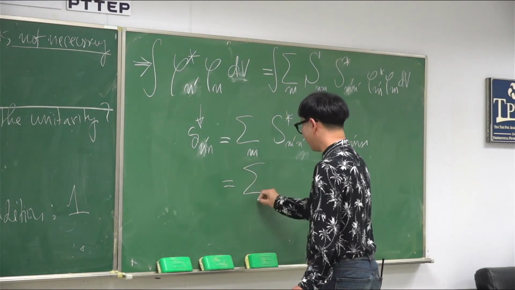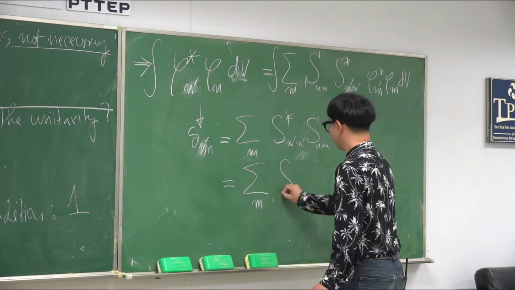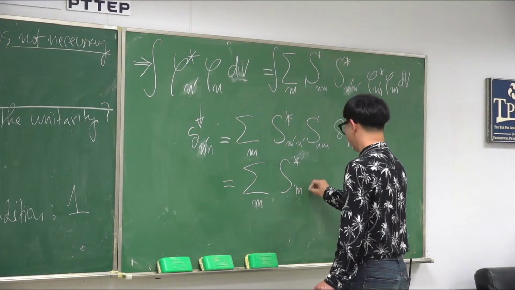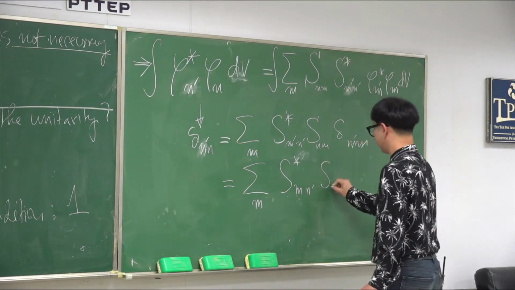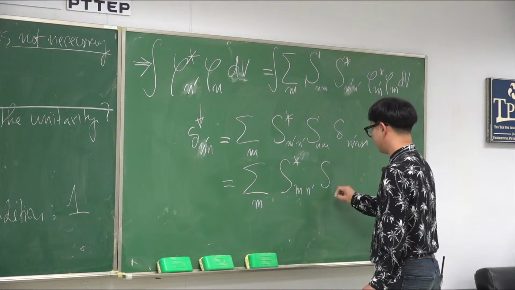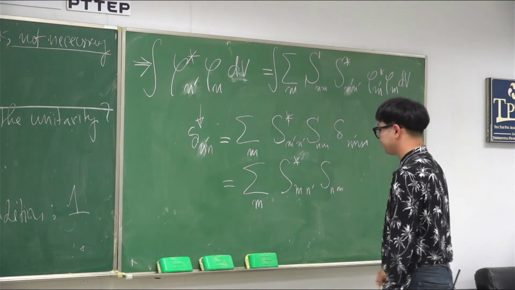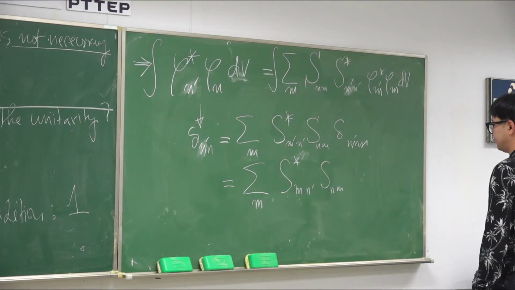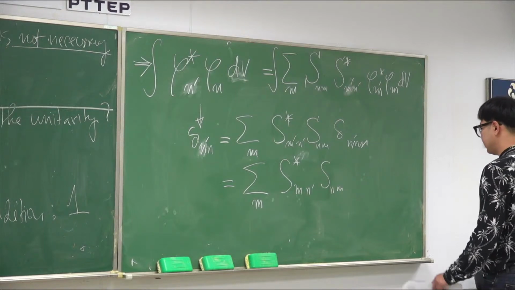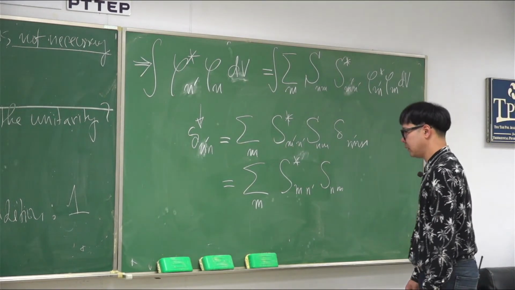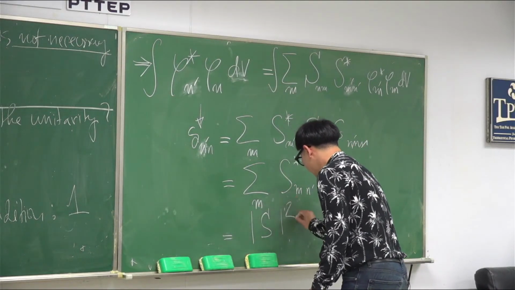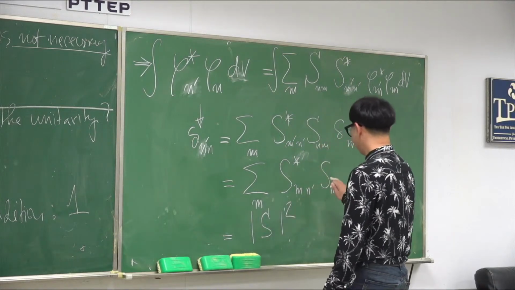Actually, what we did have here is N M and M. And then, of course, it's going to be the square of N and N prime.